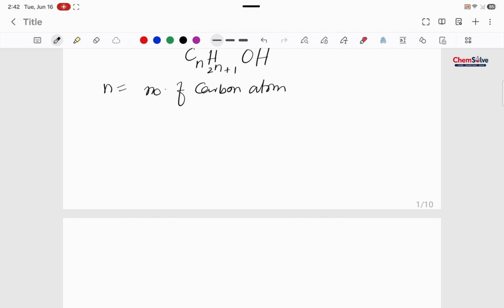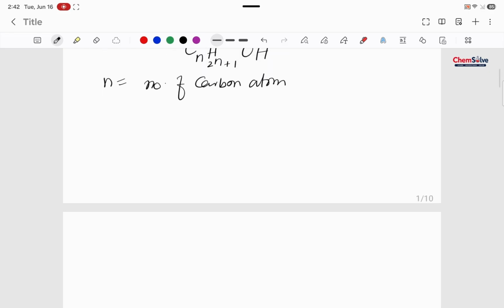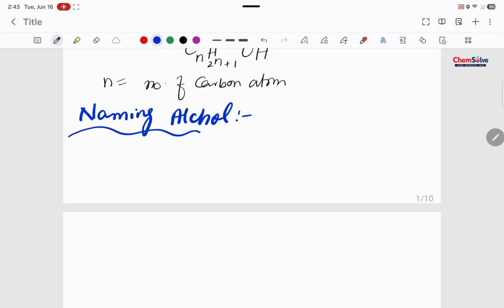How does it work? Let's look at an example. But before example, we will see how can we name alcohol. Naming an alcohol. We just have to add OL at the end of the name.